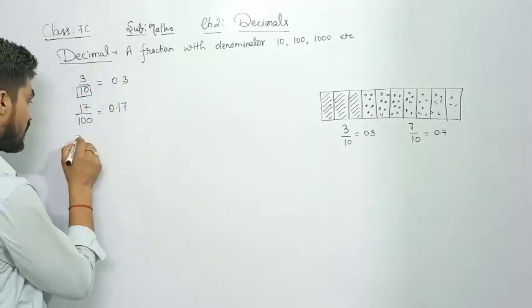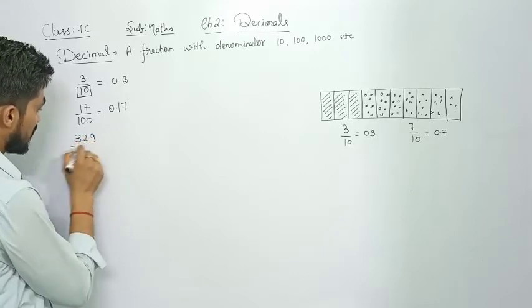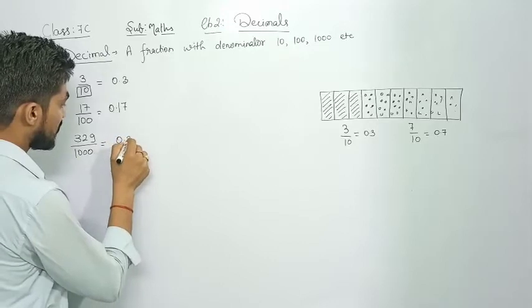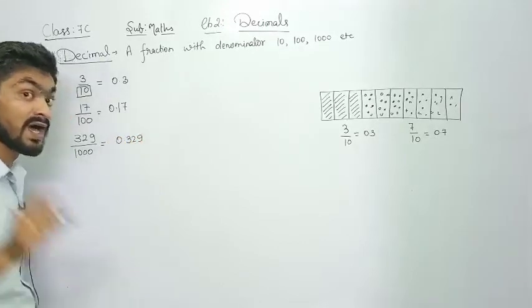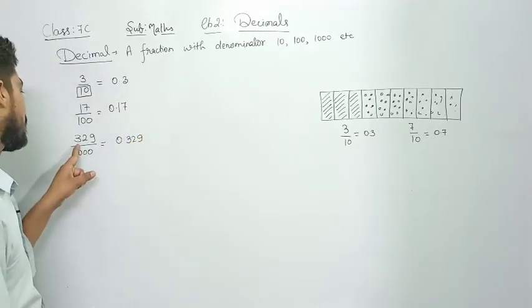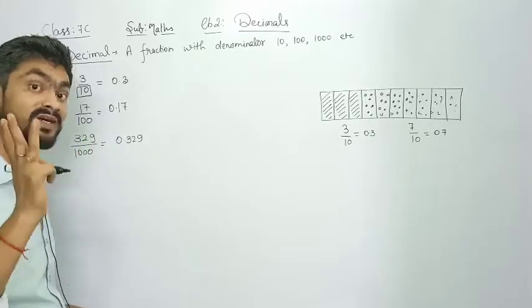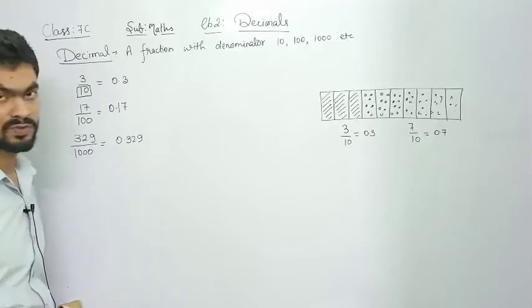If we have 329 divided by 1000, that can be written as 0.329. How? After 1 we have 3 zeros, so after the decimal we should have 3 digits.